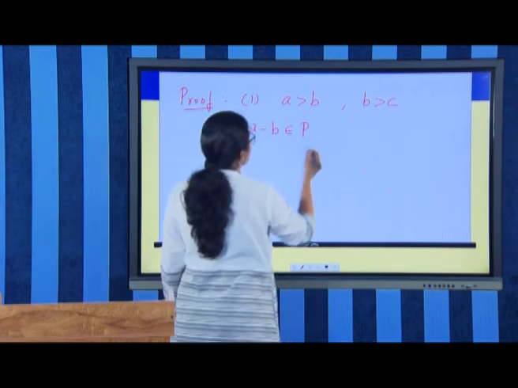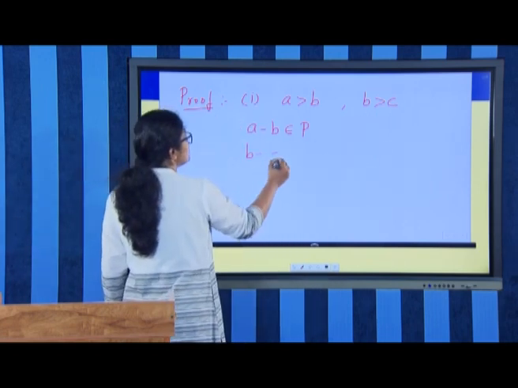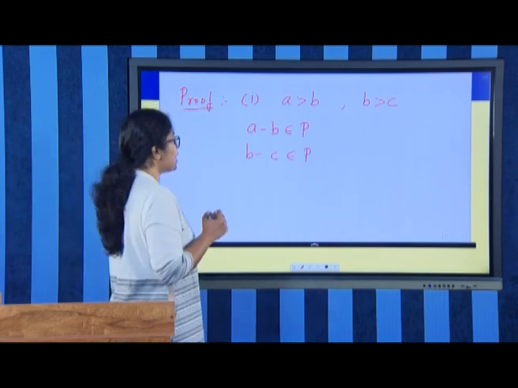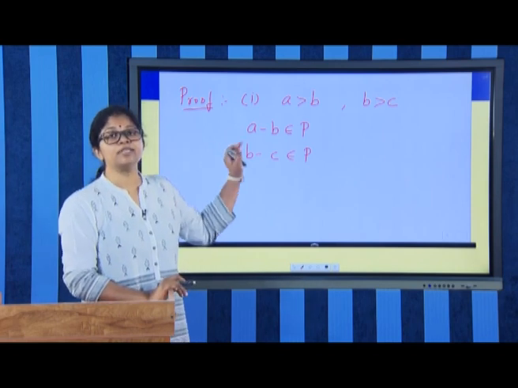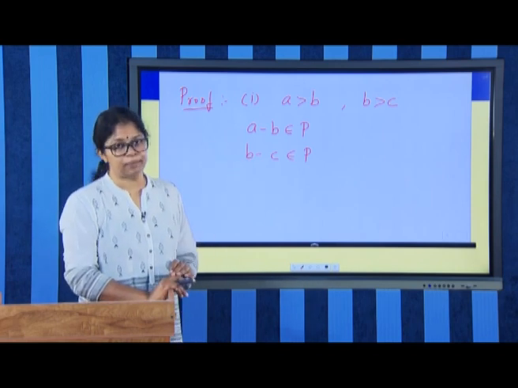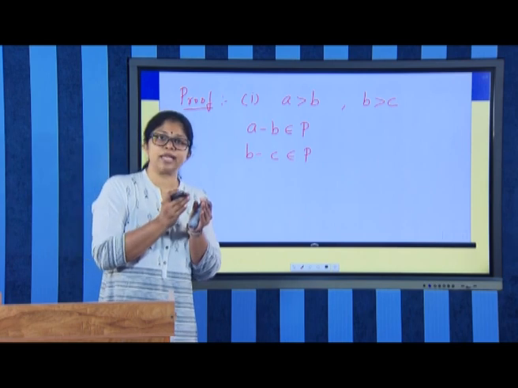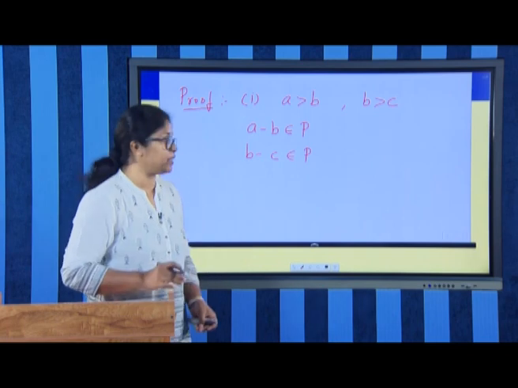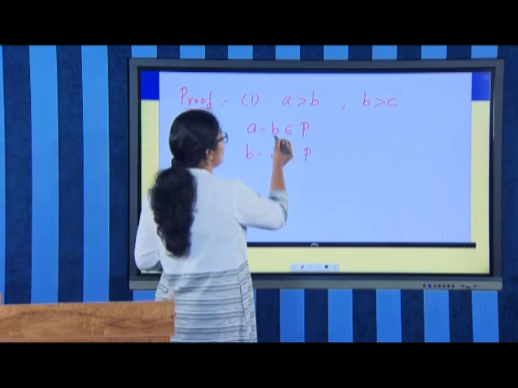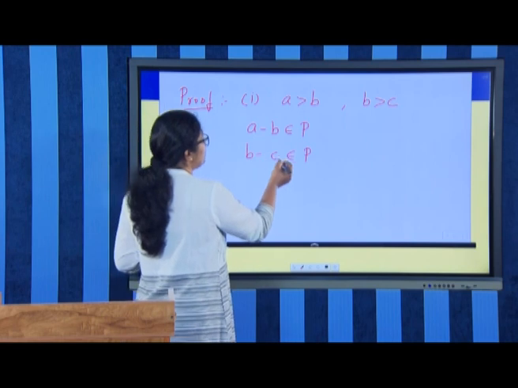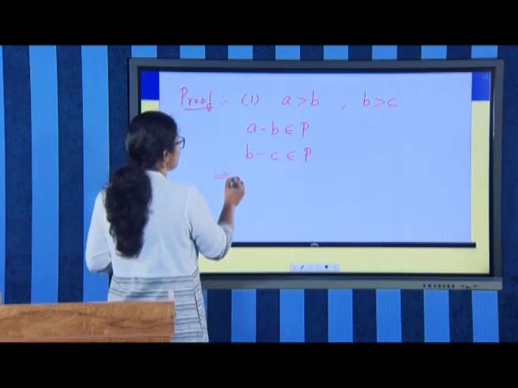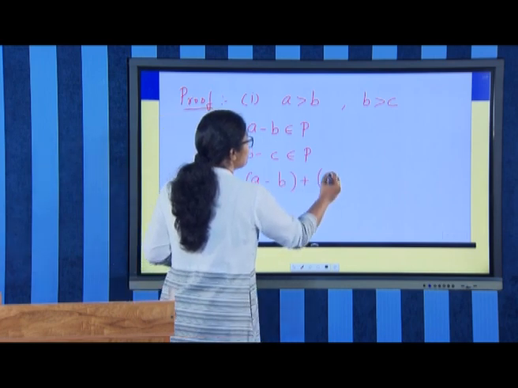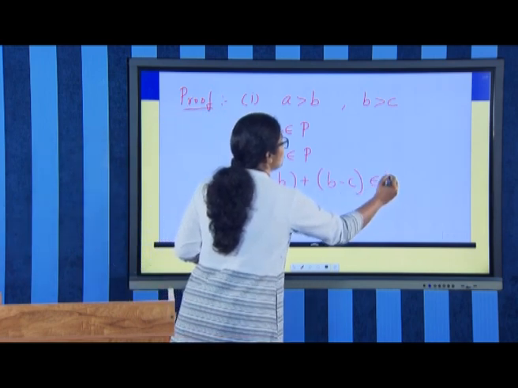Similarly, B is greater than C means B minus C is also belonging to the set of all positive real numbers. And we have studied in the definition of positive real numbers, if you have two positive real numbers, the sum of those two positive real numbers is again a positive real number. So, here we have A minus B belongs to P and B minus C belongs to P implies the sum of these two, that means A minus B plus B minus C also belongs to P.